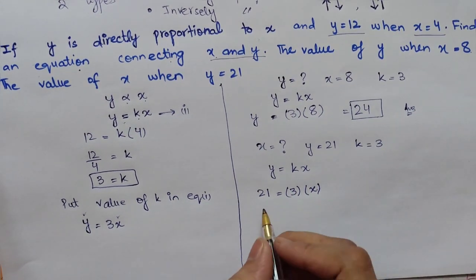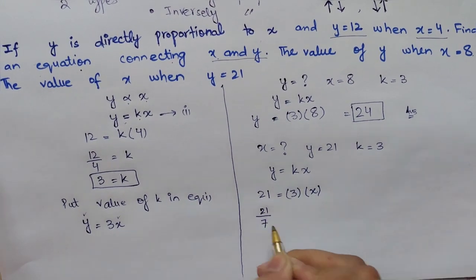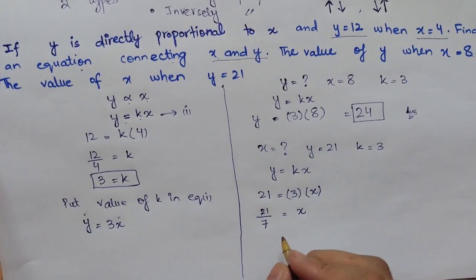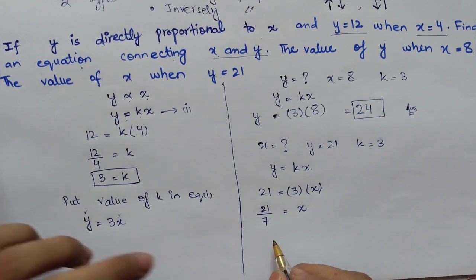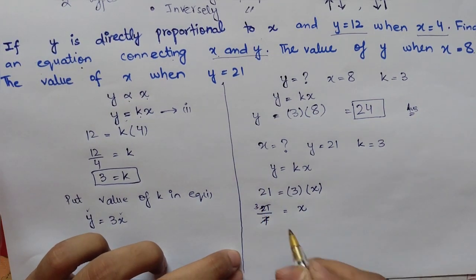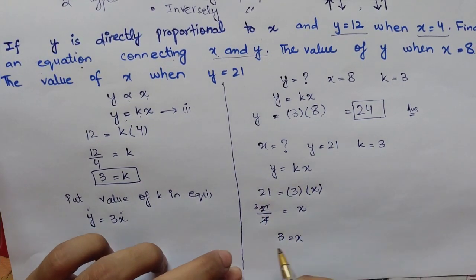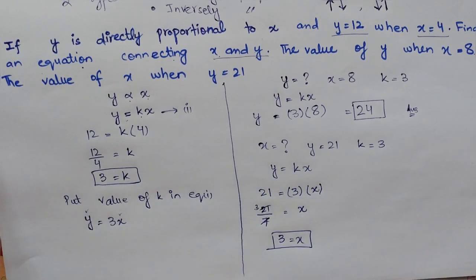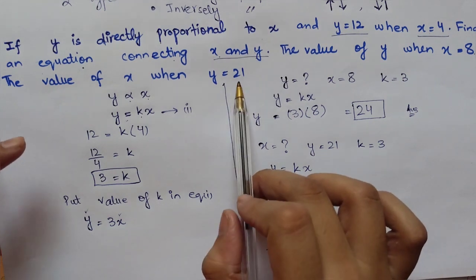When it comes to the other side, it will be divided into 21, and your answer is 7. 7 is equal to x. This is your answer. You have to find the value of x when y is 21.